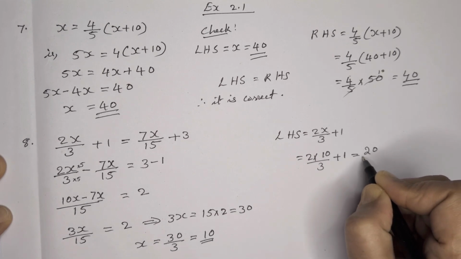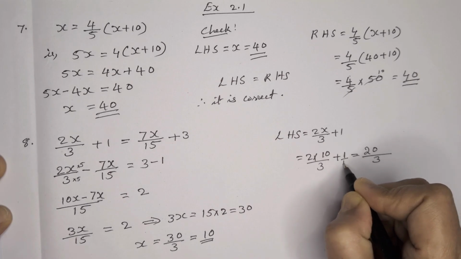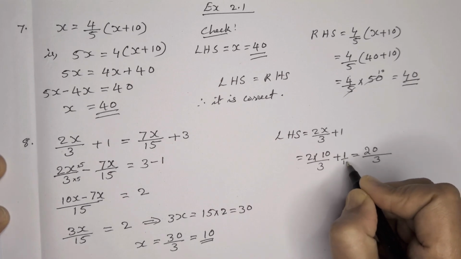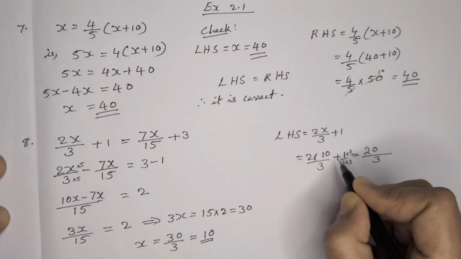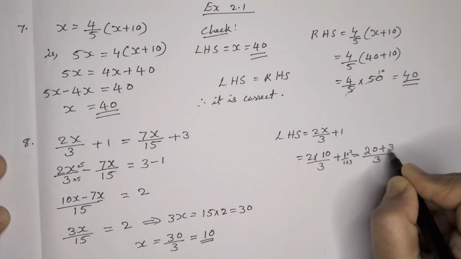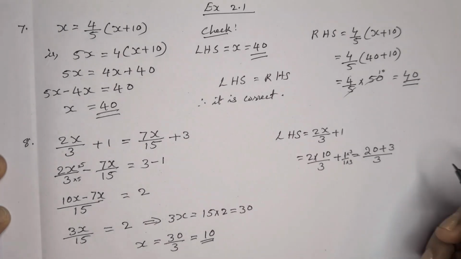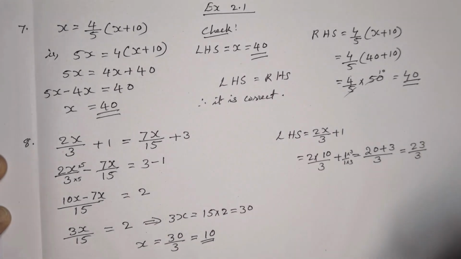Again we have to take 3 as the LCM. So 1 we can write as 1 by 1, multiply up and down with 3. So what we are getting, 20 plus 3 into 1, 3, divided by the same denominator. It's equal to 23 by 3.